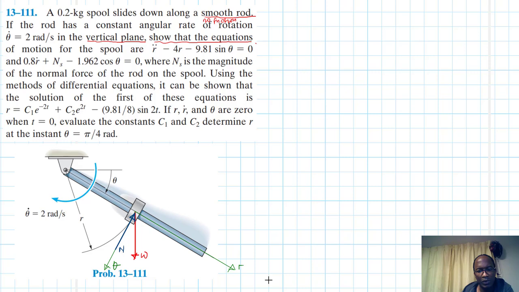Let's just show some of the angles here. So this angle here is theta, and if this is theta, this becomes 90 minus theta, therefore this is also theta there. So this one here is going to be theta.